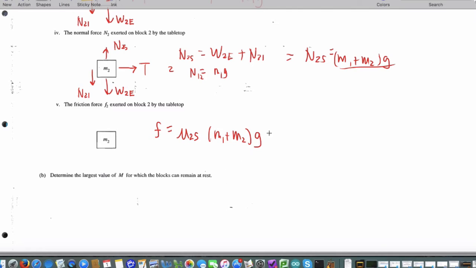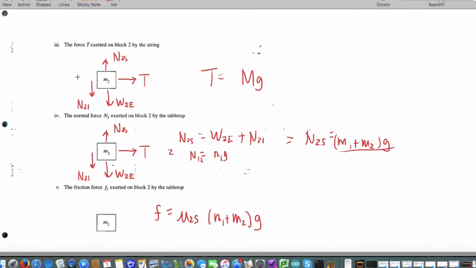Basically we need the tension force to be bigger than this friction force. Let's actually be careful. Let's do this with our free body diagram. We also have, and I left out a force here, the friction on 2 due to the surface. I'm sorry I left those out.